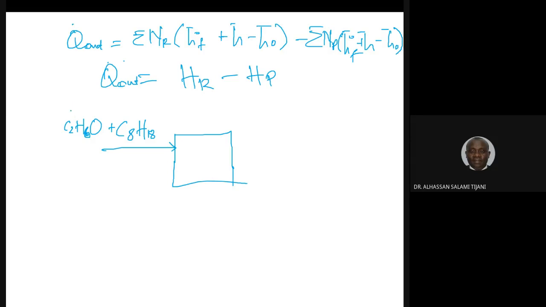The percentage of the ethanol at the inlet is 10%, which equals 0.1, and then this is 90%, which is equivalent to 0.9 kilomole.